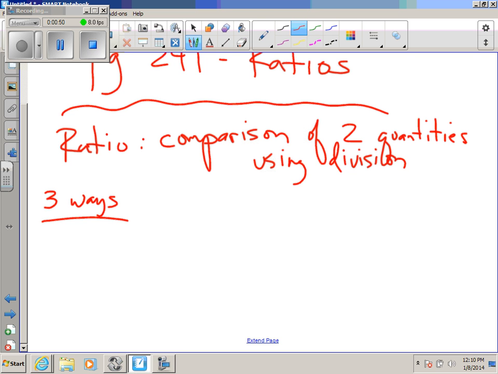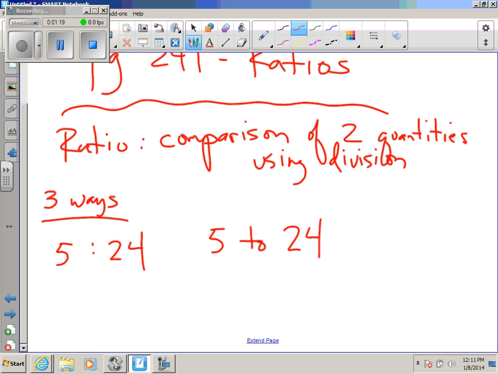For example, if we're talking about the ratio 5 cats to 24 dogs, one of the ways in which we write a ratio is to separate them using a colon. The other way is to simply use the word to.